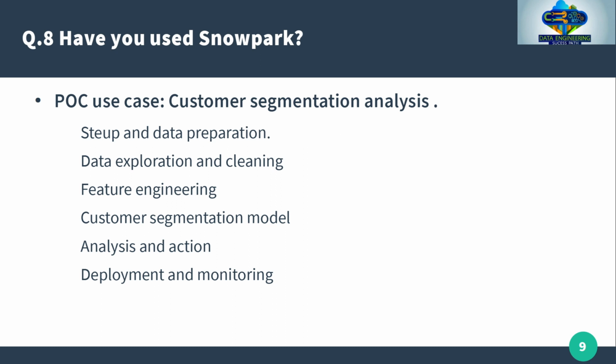Then the model was trained, and after that, analysis was done. Once the model is created and trained, we can analyze the characteristics of each customer segment. So this small POC was done in Snowpark.